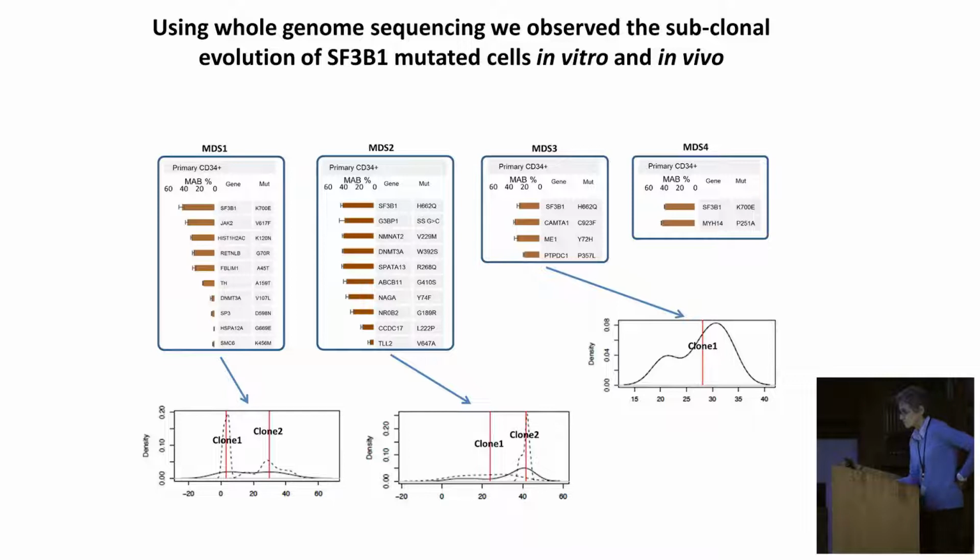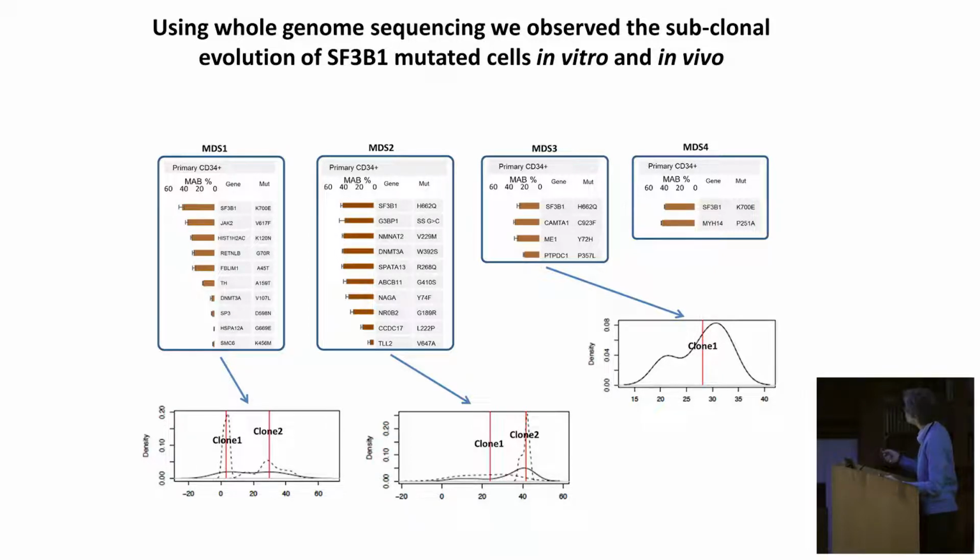What about other mutations? We know now, in both AML and MDS, that one mutation is not enough to cause leukemia. So we went on to do whole genome sequencing on this population of patient samples. Here I show you 4 examples, and we found that there are indeed different mutations, some more complex.